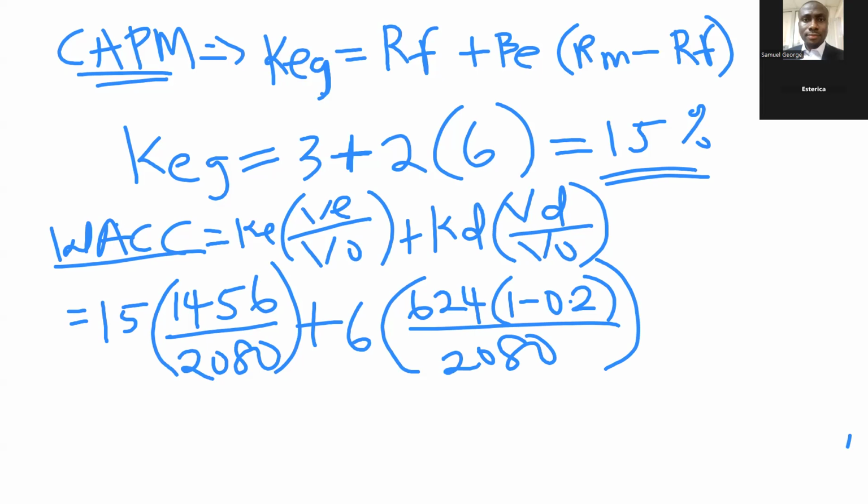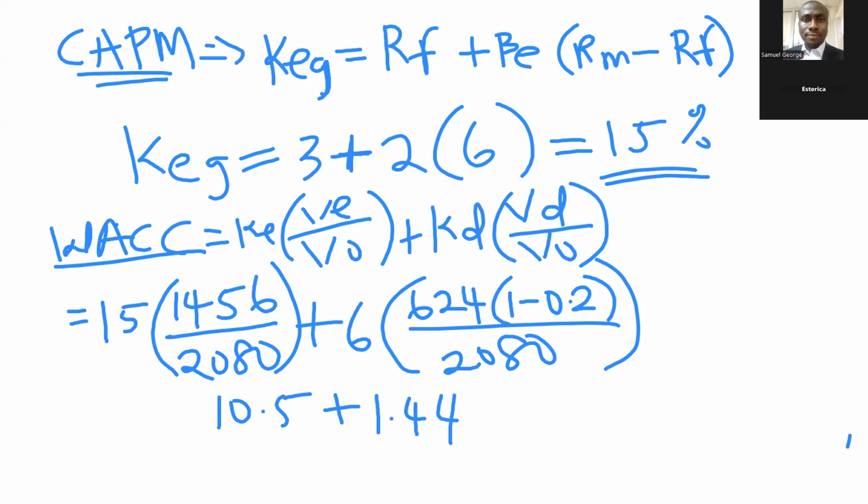Now let us calculate our WACC. I will say 1,456 divided by 2,080 multiplied by 15. I get 10.5. Plus, 1 minus 0.2 is 0.8, 0.8 times 624 divided by 2,080, times 6. I get 1.44.